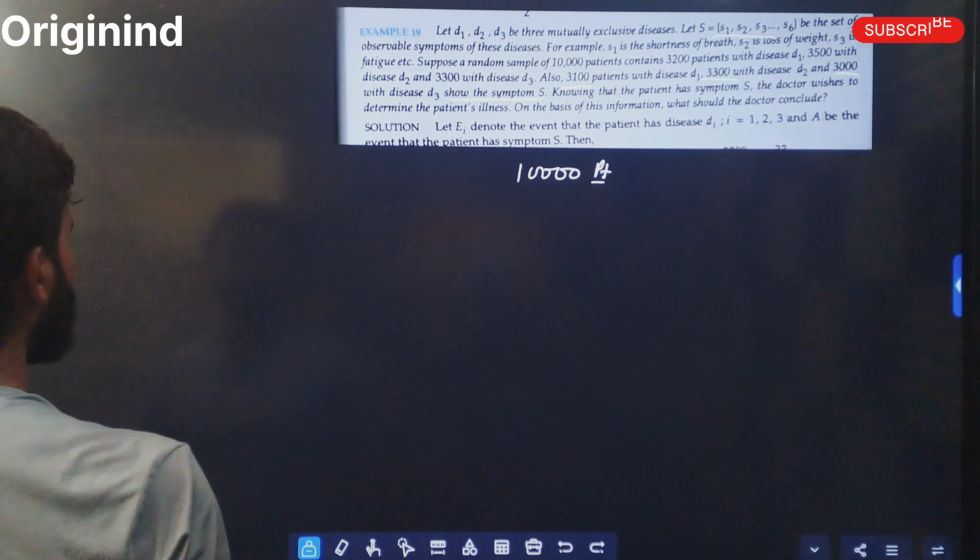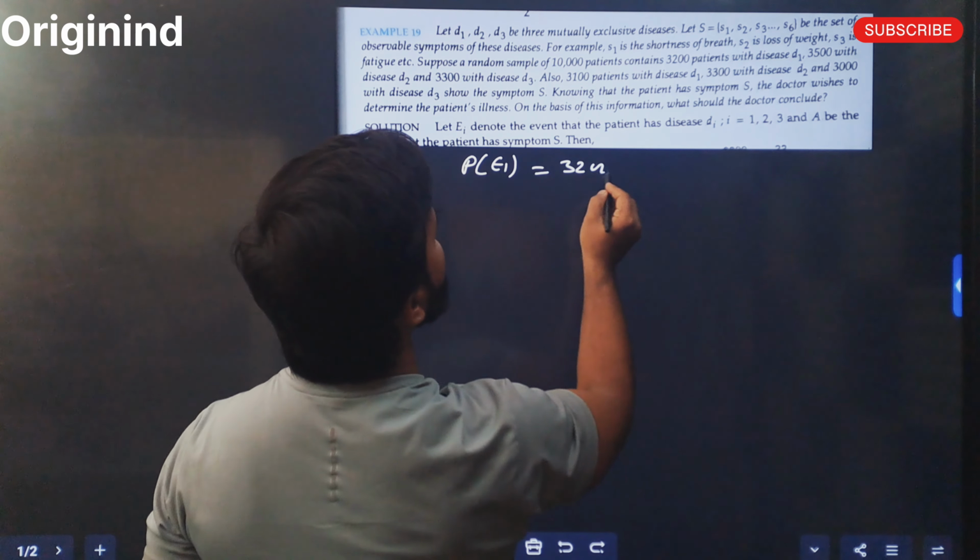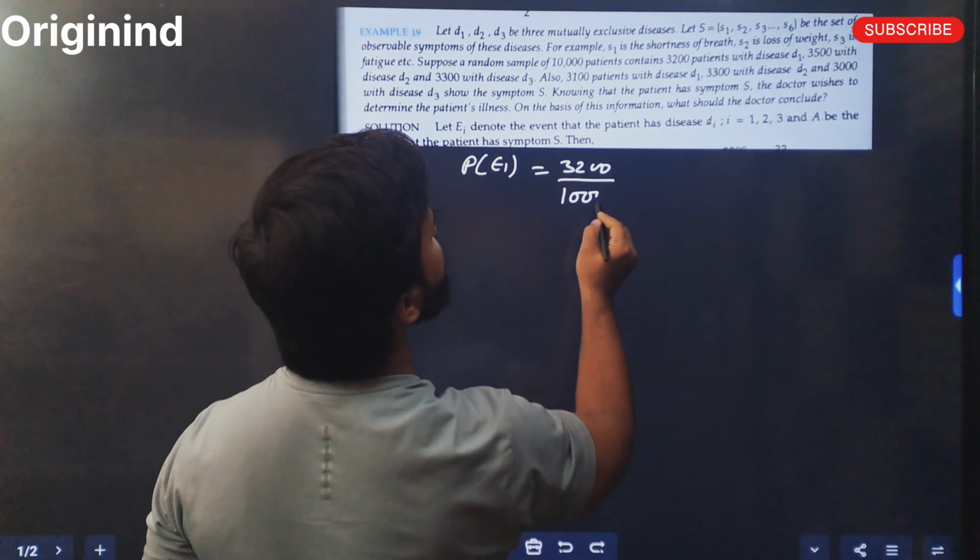So now we will solve this question. First we will find the condition. The condition is given very simply. First we will discuss P of E1, which is equal to 3,200 divided by 10,000.